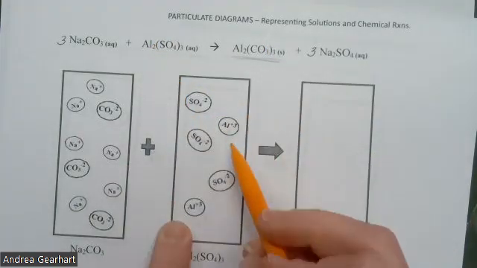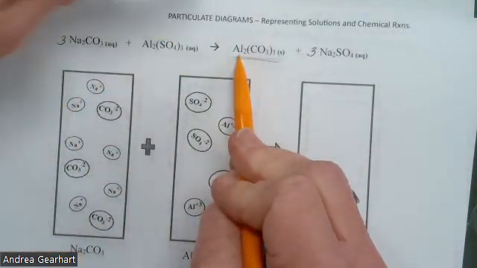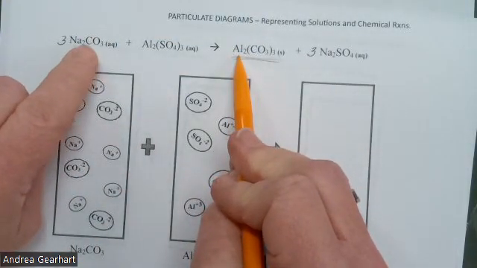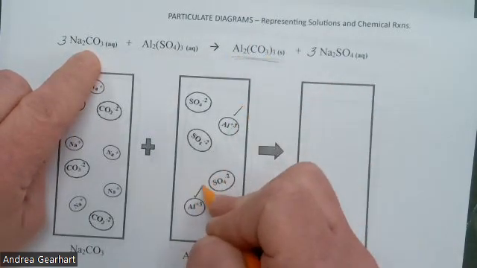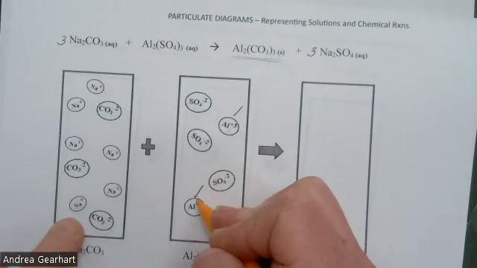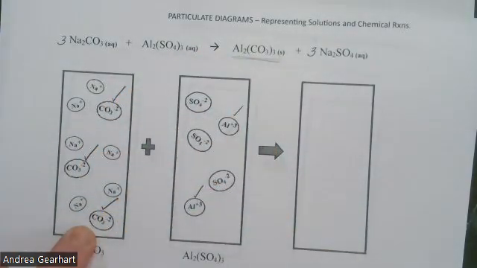Well, I know those aluminum ions are going to, as long as there's enough carbonate, precipitate with that. For every 2 aluminum plus 3s, I'm going to react 3 carbonates. And it's insoluble.